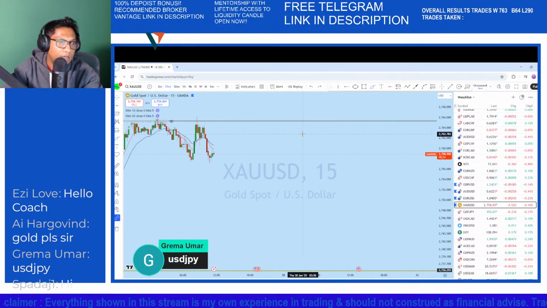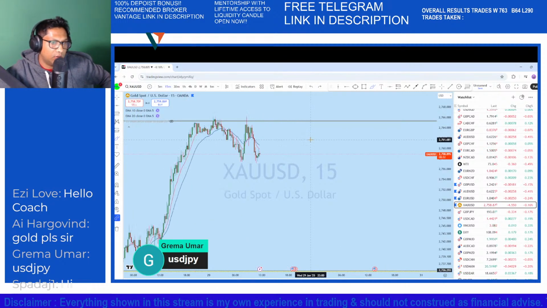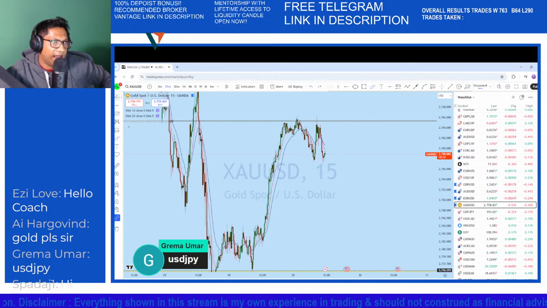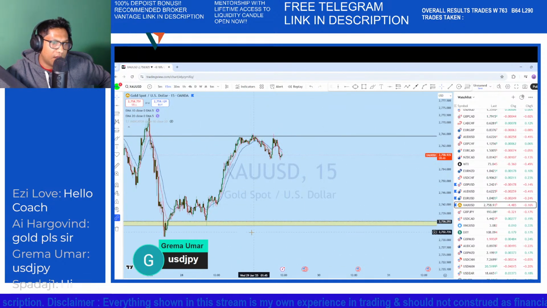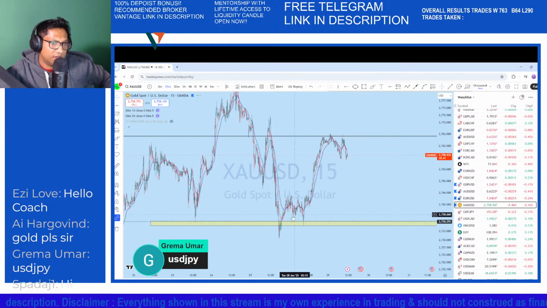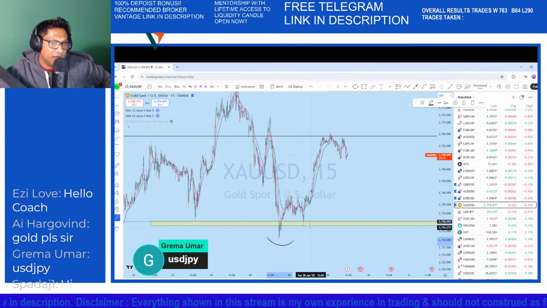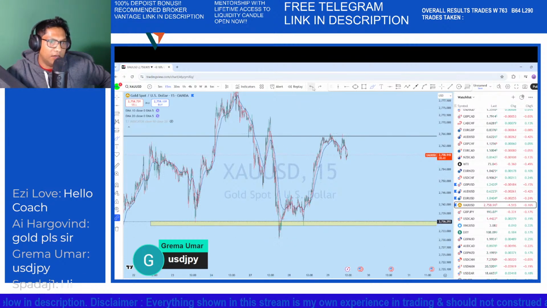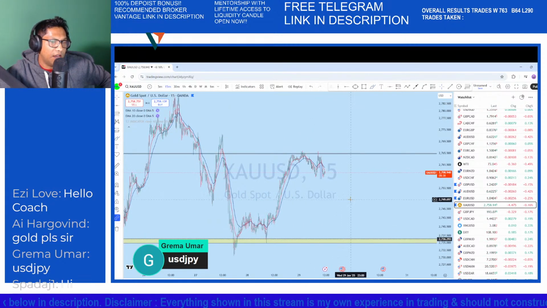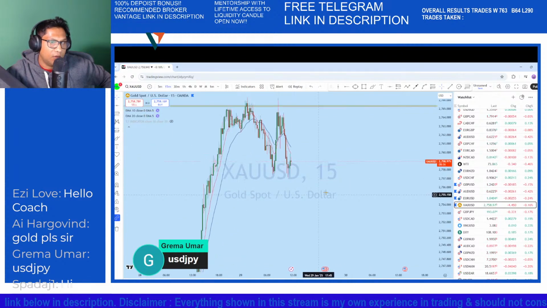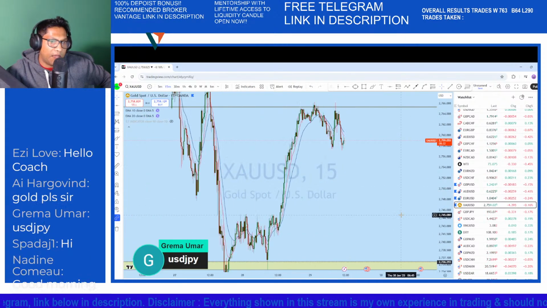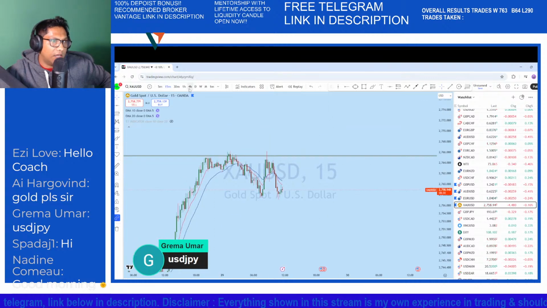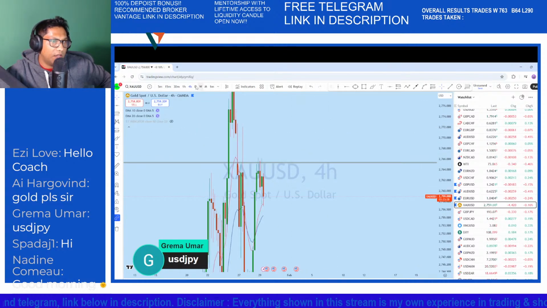What we can expect on XAUUSD is for the price to come to that level where, if you look at it, you can see this is an inverted head and shoulders, and with that inverted head and shoulders, this is a pretty strong level on XAUUSD.